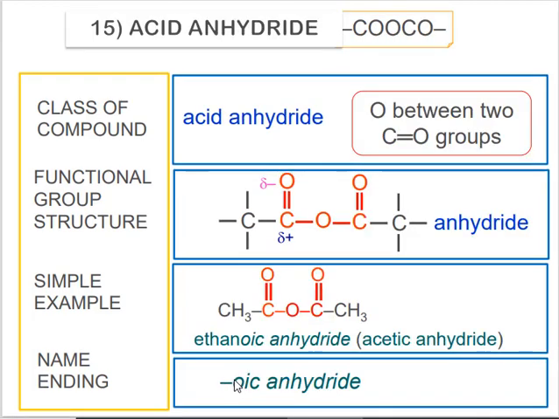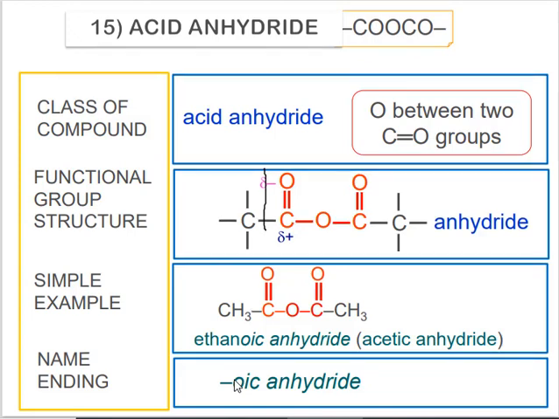We also have acid anhydride. How do we identify acid anhydride? It has C double bond O, singly bonded to an oxygen, and then another C double bond O. Basically, there are 2 C double bond O and an oxygen single bond connecting the 2 carbon atoms.